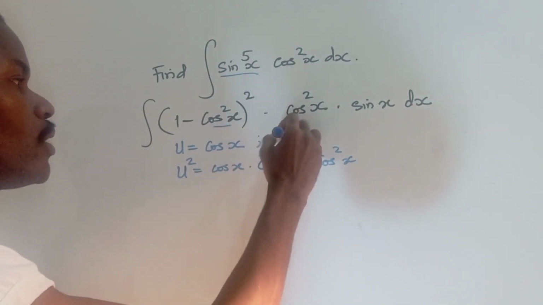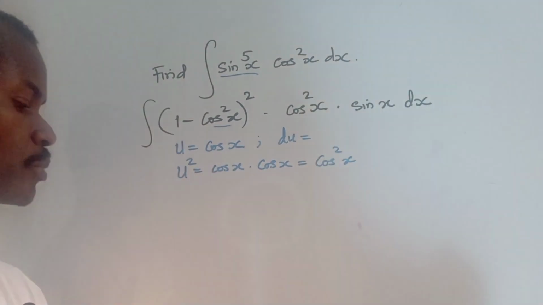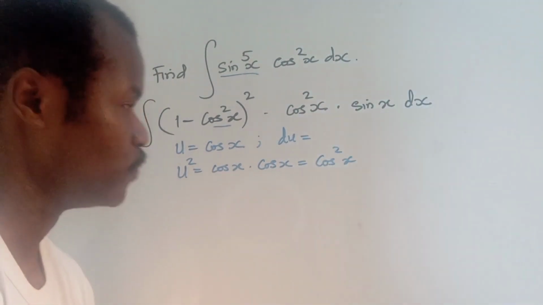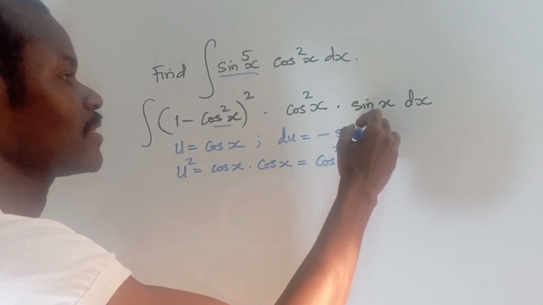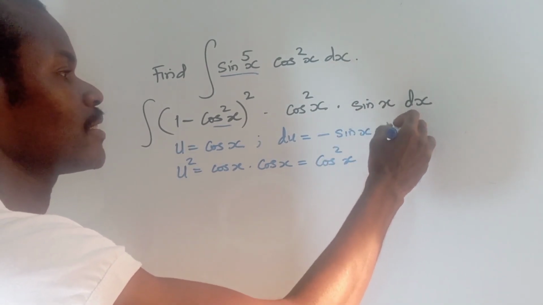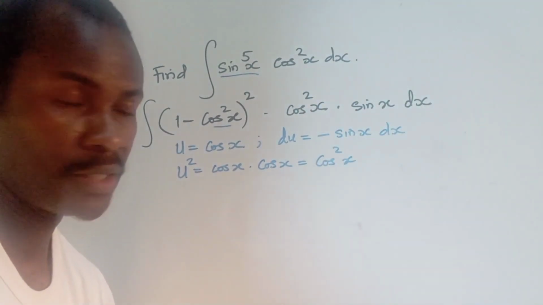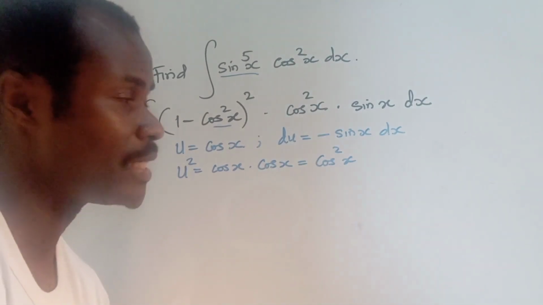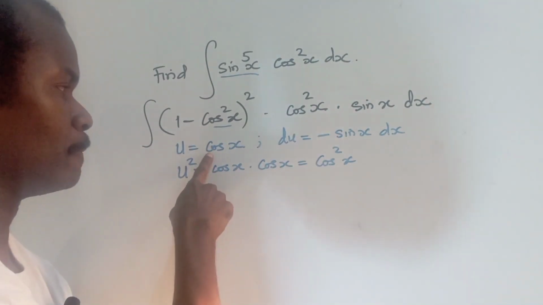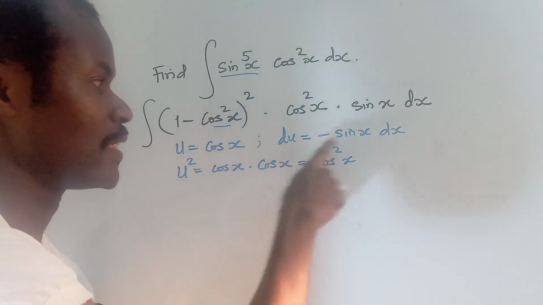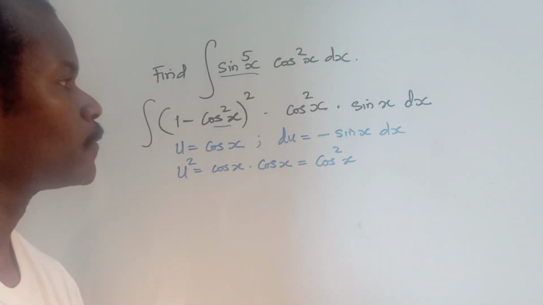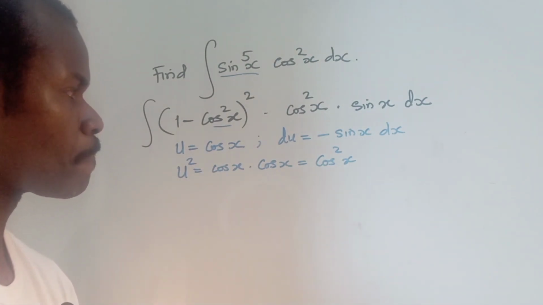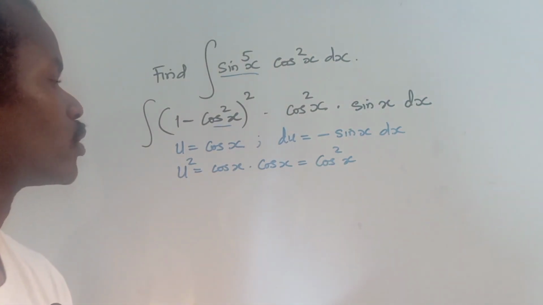And what is our du? Our du is negative sine x dx. If you know the standard derivatives, the derivative of cos x is negative sine x dx. So all we need to do is substitute.